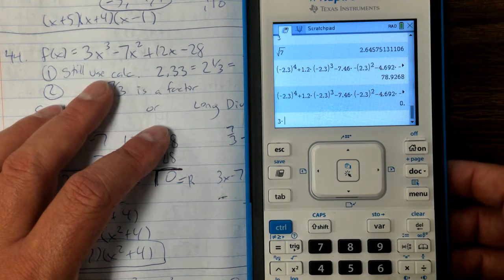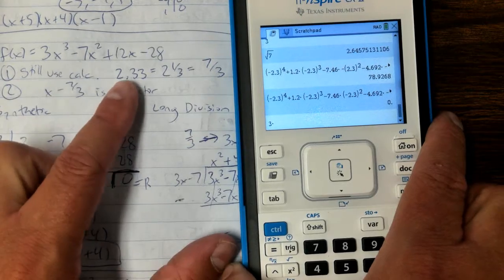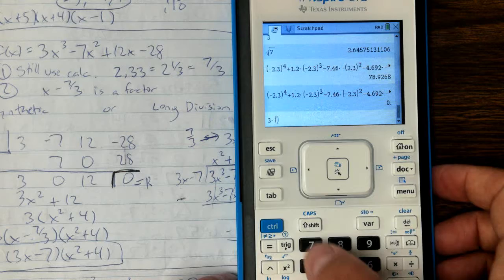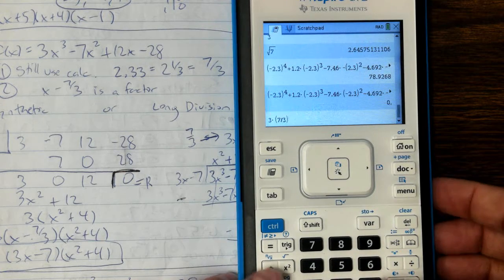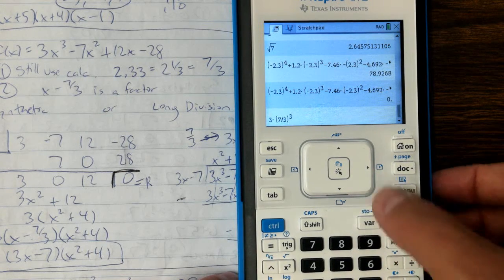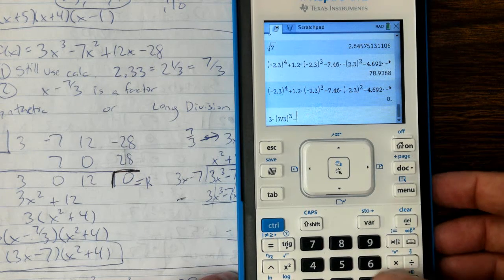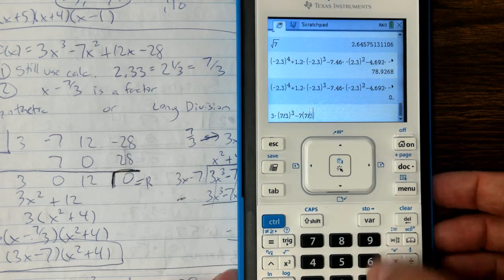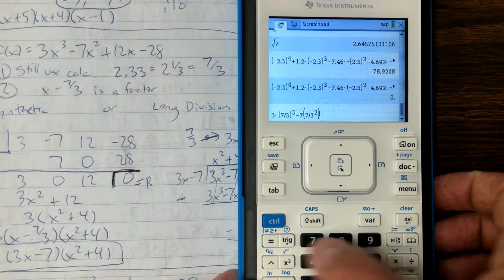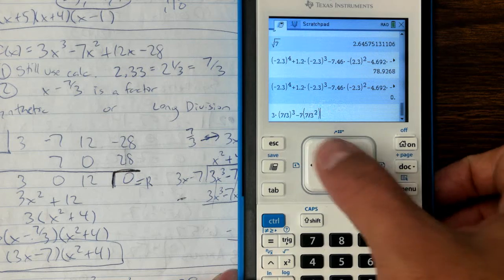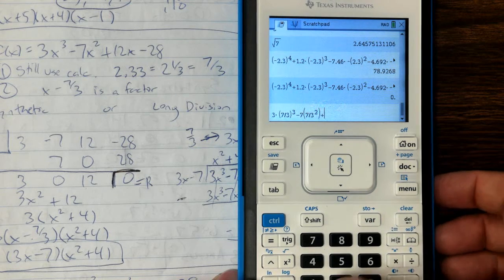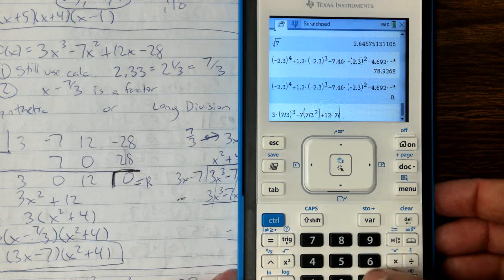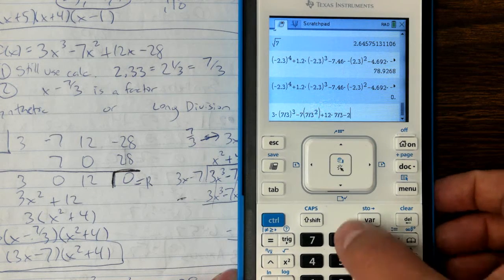3 times, I have 2.33, so I'm going to put 7/3. So I have 7/3 up arrow 3, go to the right, minus 7 times 7/3 squared, whoops, well that's fine, that works, plus 12 times 7/3 minus 28.